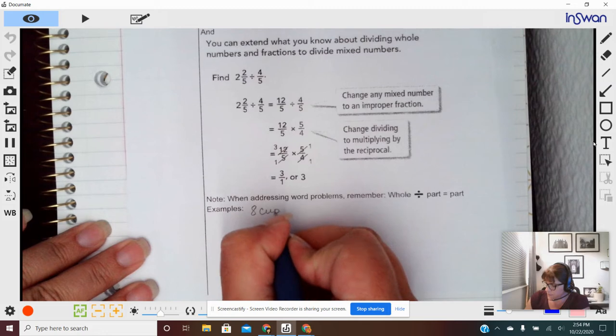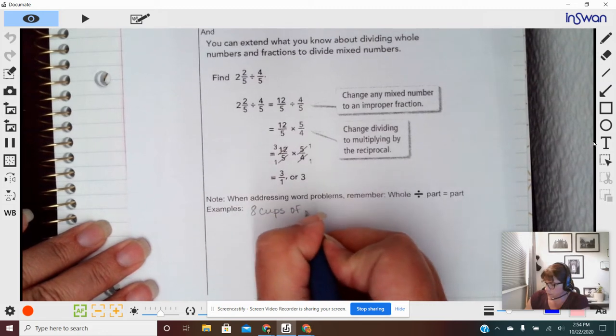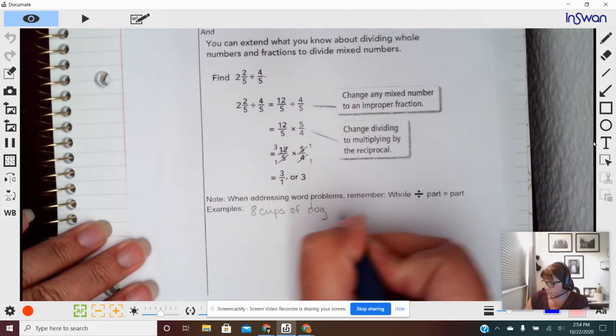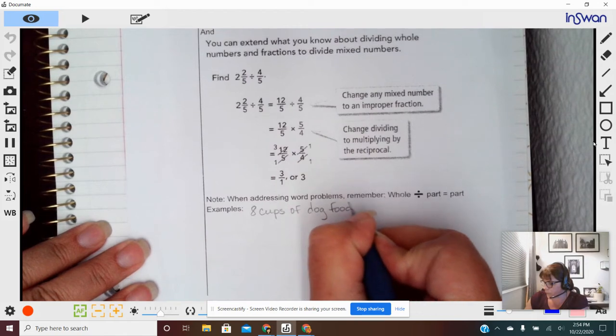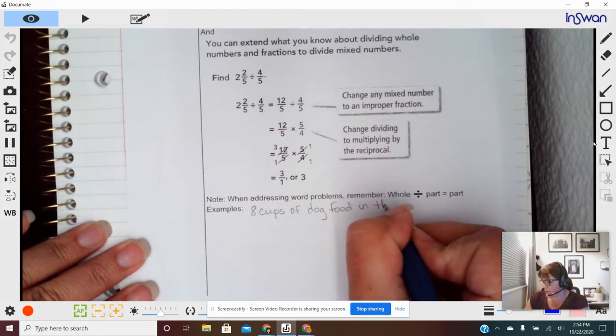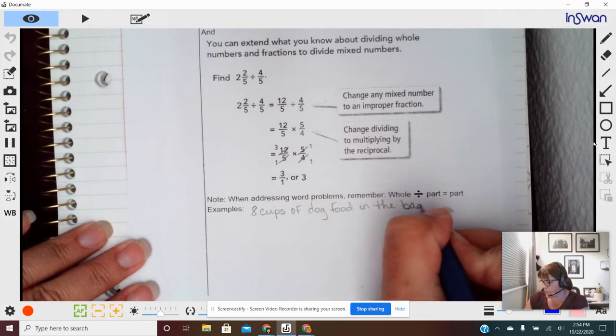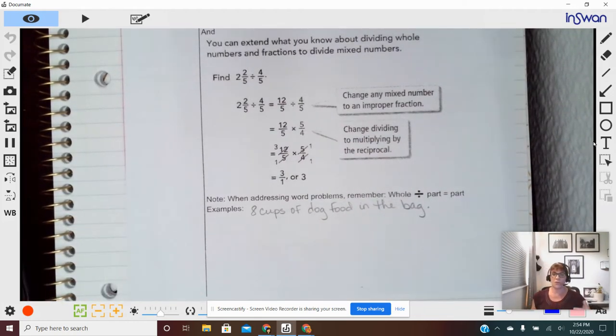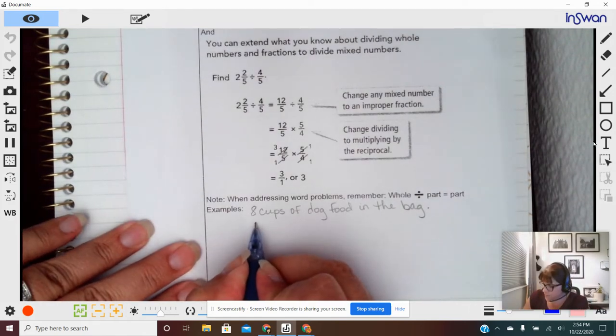8 cups of dog food in the bag. Okay, so you have a bag of dog food. You've used up some of it, whatever. There's 8 cups of dog food left. Okay.